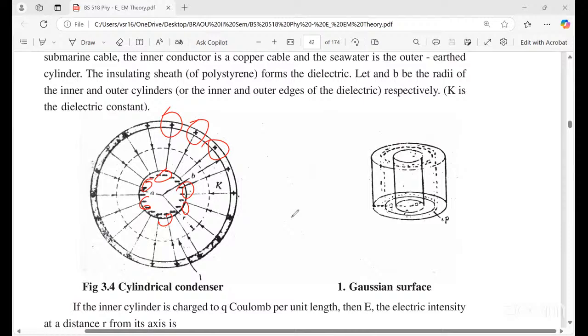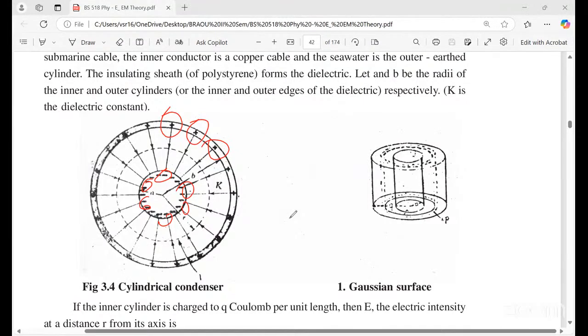That means positive and negative charges are accumulated on the surfaces of the cylindrical capacitor.